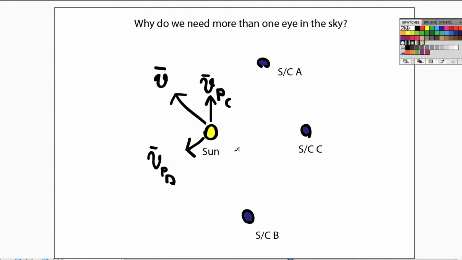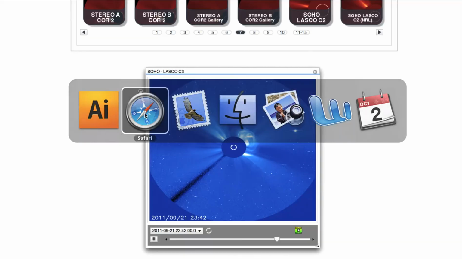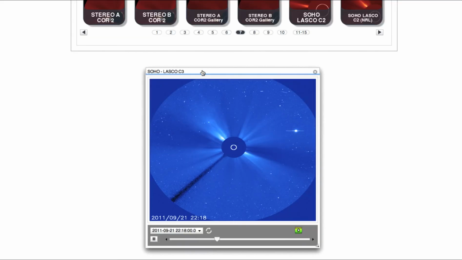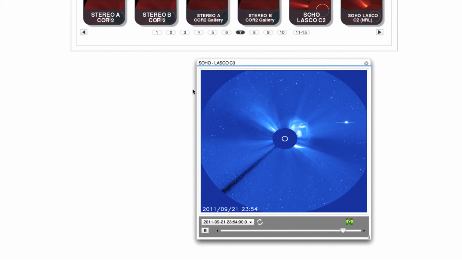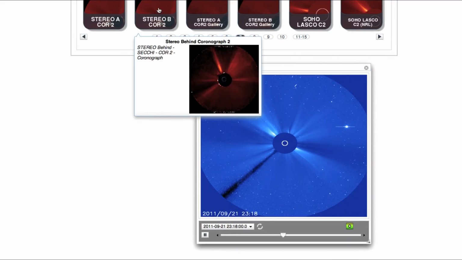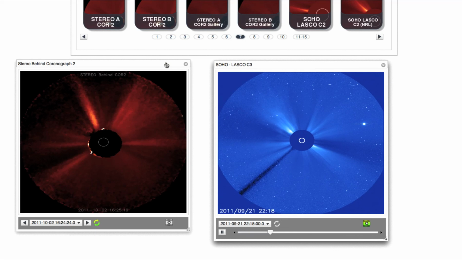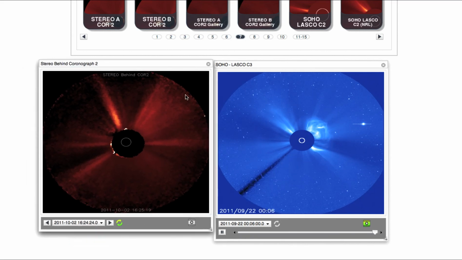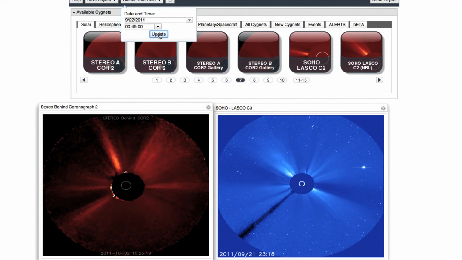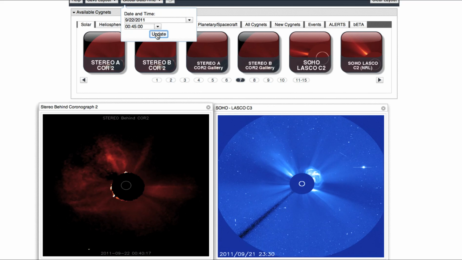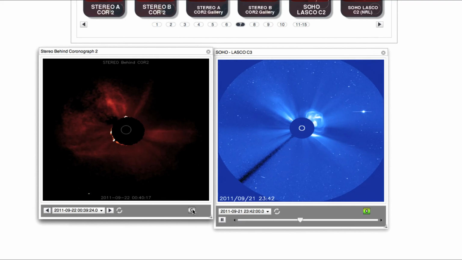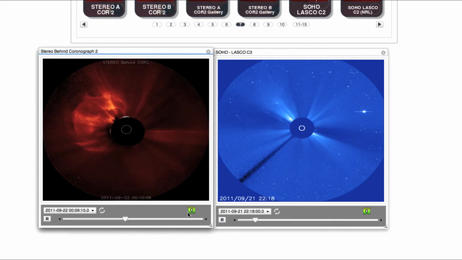What it means in practical terms is that if we bring in the observations from STEREO Behind, again using ISWA here, let's bring in both displays at the same time and start the movie mode for this display also.